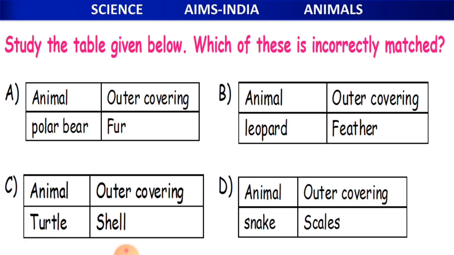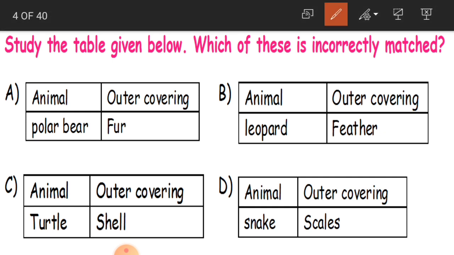Now we'll go to the second question. Study the table given below. Which of these is incorrectly matched? Okay, we have a table here, children. We have to identify which is incorrectly matched, in the sense which is not correctly matched. So if you see children, this is the name of the animal, polar bear. And what is its outer covering? Fur. So this is correct.